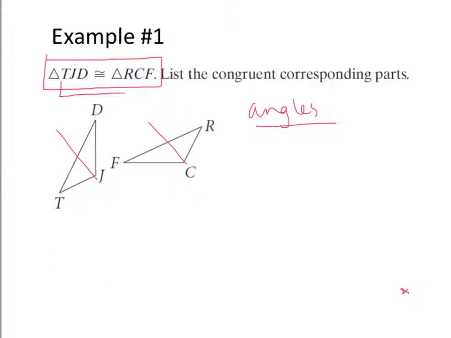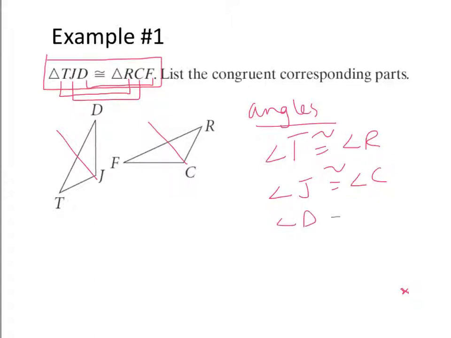So in this case, I have angle T is congruent to angle R. And then I do the second set of letters. Angle J is congruent to angle C. And in the third case, I do the last set of angles. Angle D is congruent to angle F.